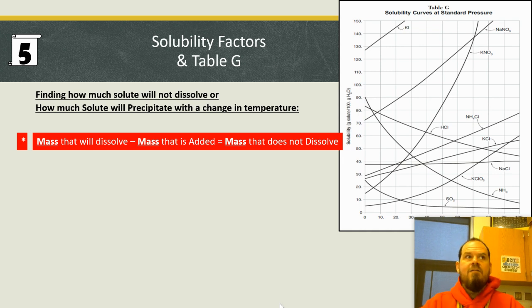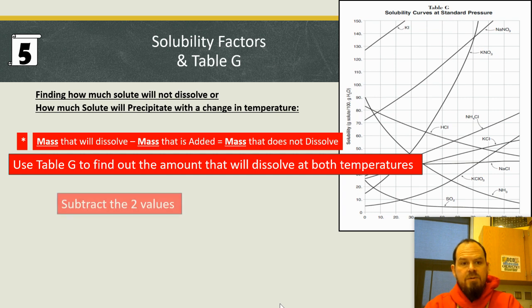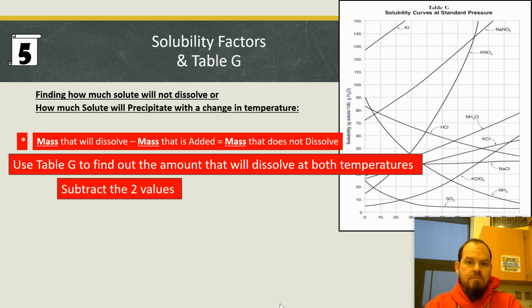So I could have more powder that doesn't dissolve because I put in too much sugar into the water, or because I put in not enough and I could add more. So both games are just subtraction, guys. Find the 2 points, subtract. It's really that simple. So we're going to use table G, find the amount that will dissolve at both temperatures, subtract the two values. Whoops, let me go back, write that down.